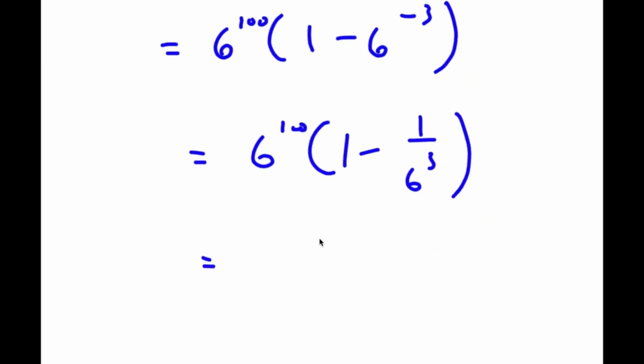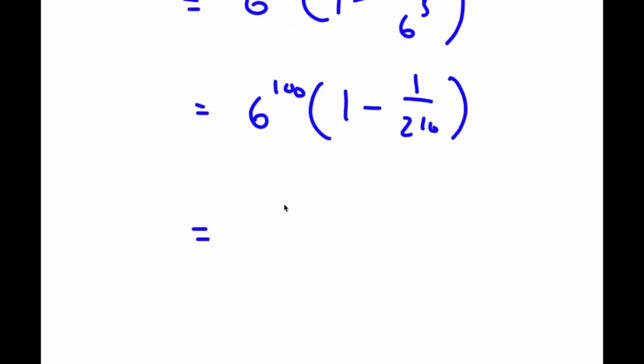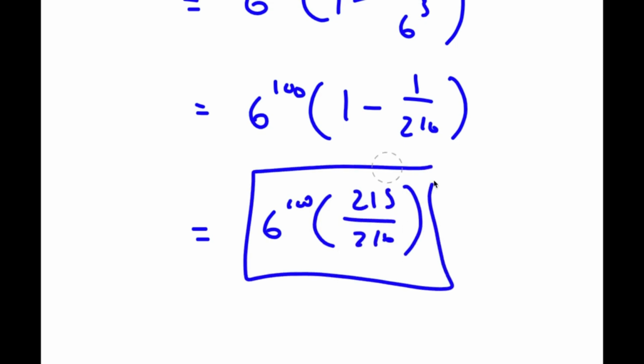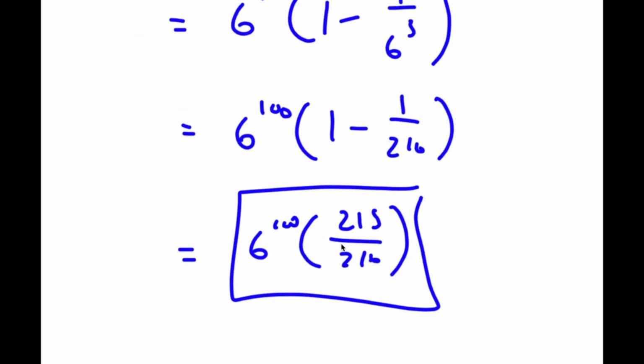Now remember, 6 to the power of 3, that's going to equal 216. So now I have 6 to the power of 100 times 1 minus 1 over 216. And 1 minus 1 over 216, that's equal to 215 over 216. So 6 to the power of 100 times 215 over 216 is another way to write our answer.